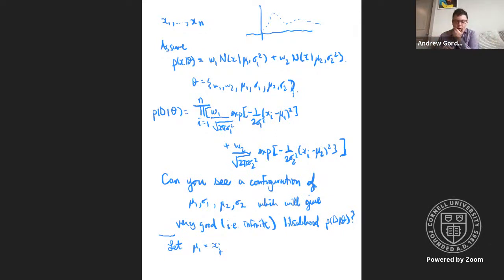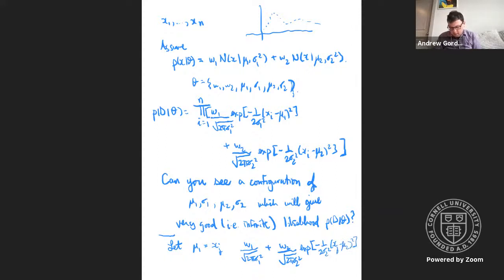And so if we look at that term where i equals j, the exponent for that term will just disappear. And we're left with, so if we look at the term for i equals j, we get w1 over square root 2 pi sigma 1 squared plus w2 over square root 2 pi sigma 2 squared exp of minus 1 over 2 sigma 2 squared, xj minus mu2 squared.